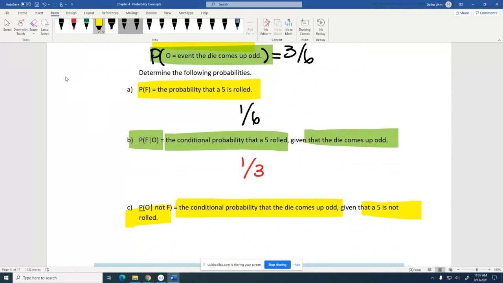Just a second. Let me think one by one, right? When I told you I didn't get 5, then how many possible outcomes?